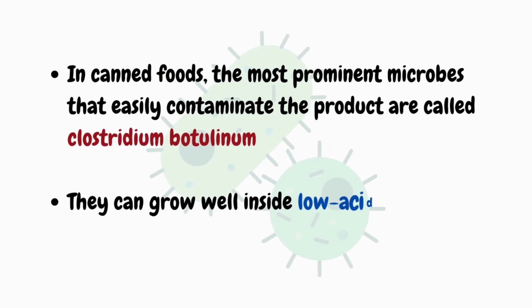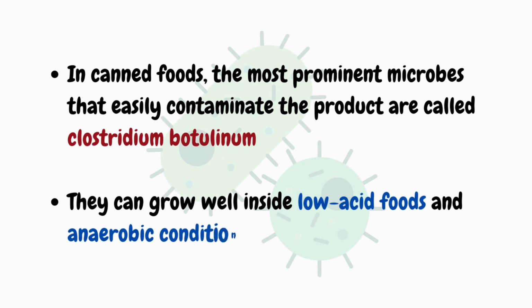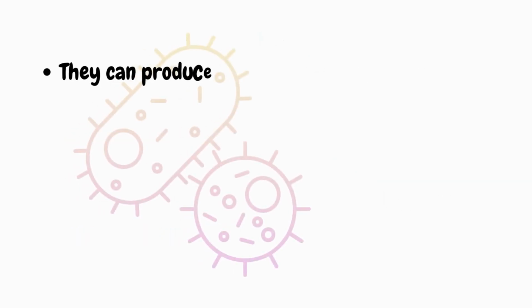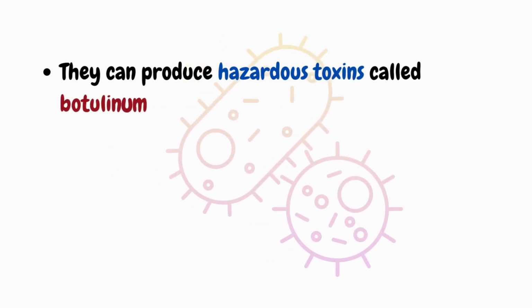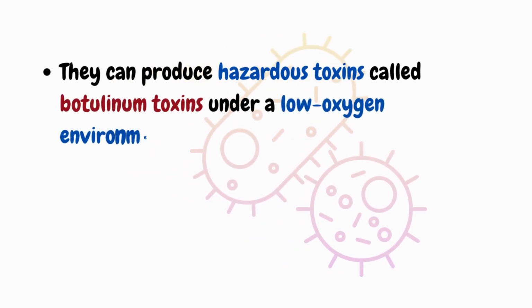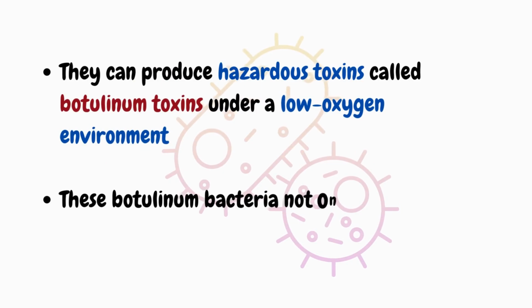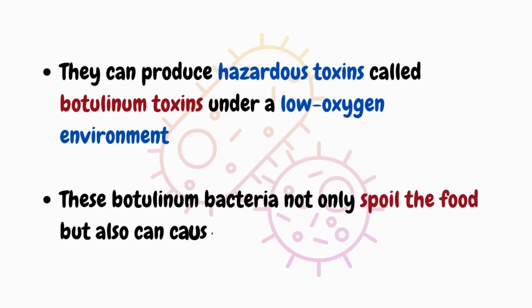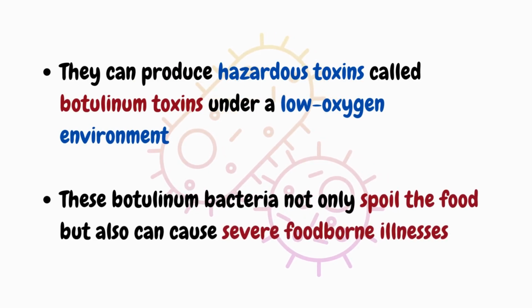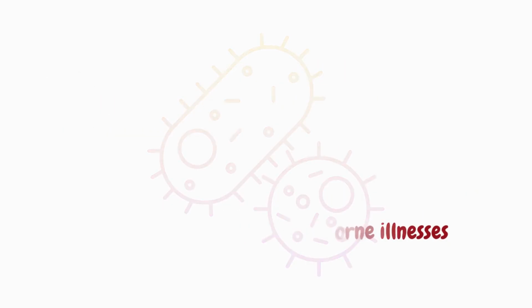They can grow well inside low-acid foods and anaerobic conditions. They can produce hazardous toxins called botulinum toxins under a low-oxygen environment. These botulinum bacteria not only spoil the food, but also can cause severe foodborne illnesses.